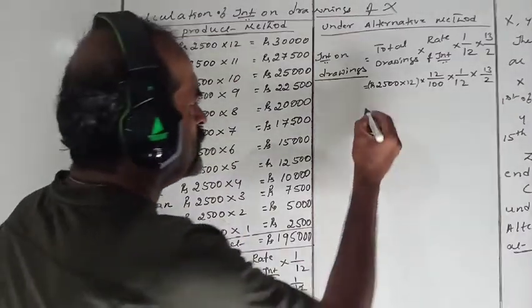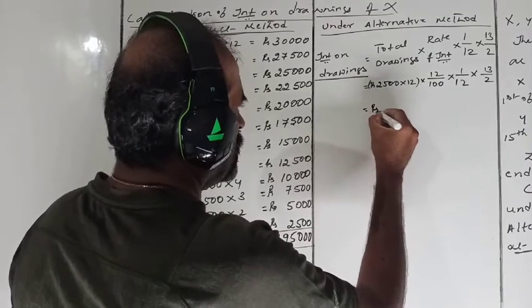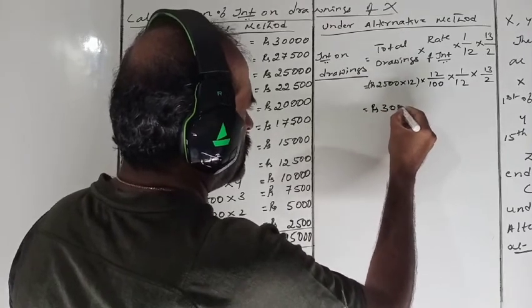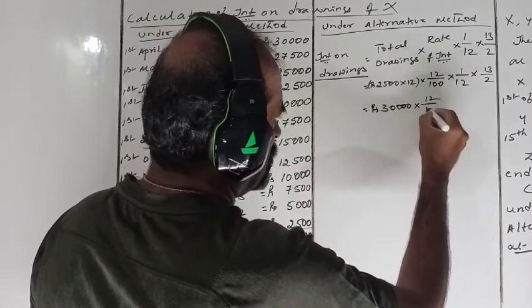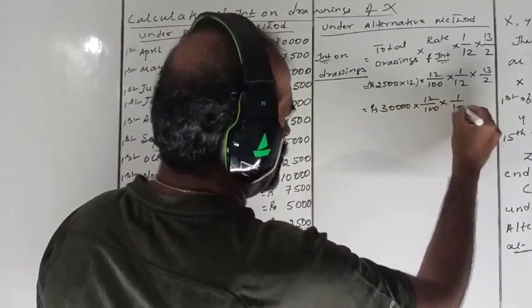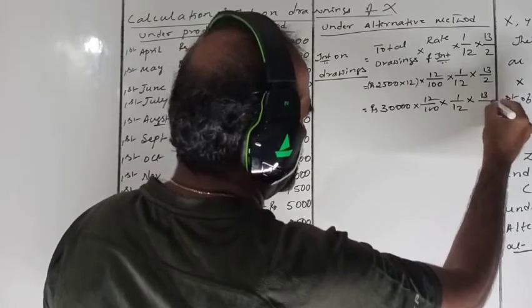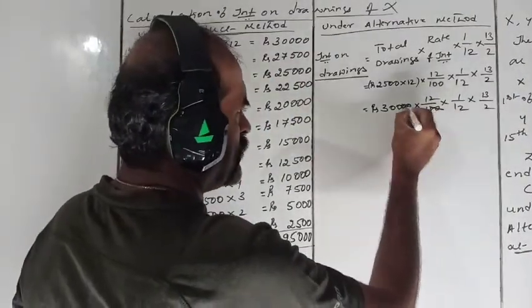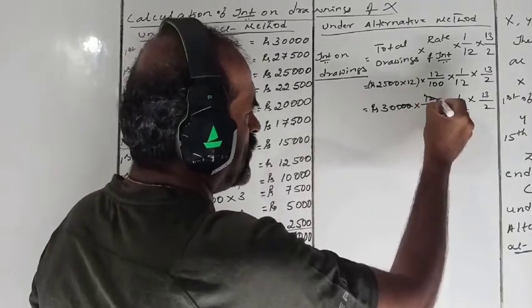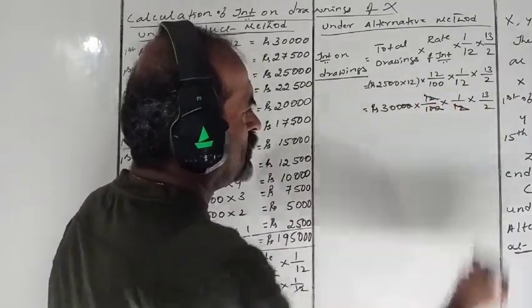Okay, 30,000 is the total drawing during the year. The 12%, 1 by 12, 13 by 2. Then 2020 cancelled, 12 ones are 12 cancelled.